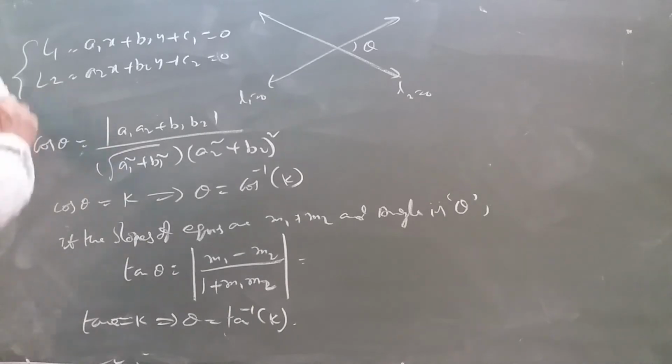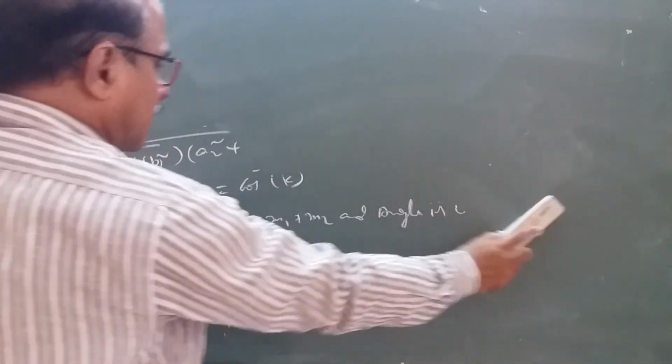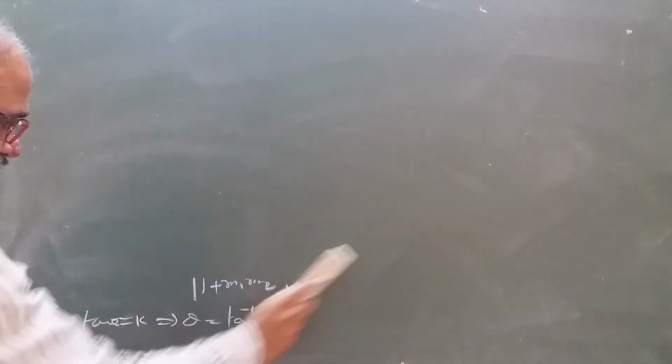Here there is another point, that is the perpendicular distance from a point to a given straight line.